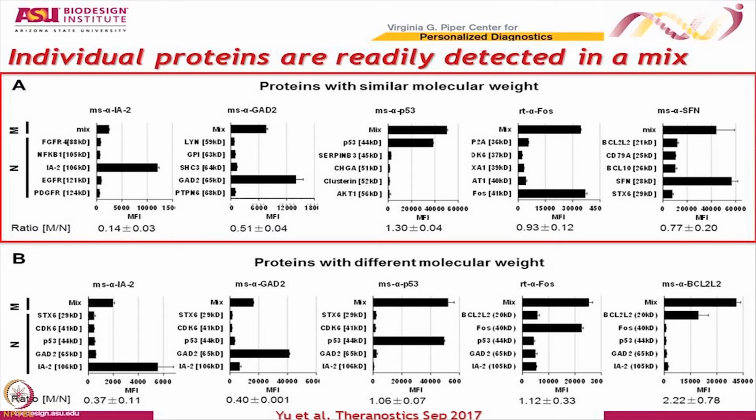Okay? And then we probed that array with an antibody that recognized one of the proteins in the 5 and asked, even though it was expressed in the mixture, did we detect it? And did we detect it as well in the mixture as we did individually?